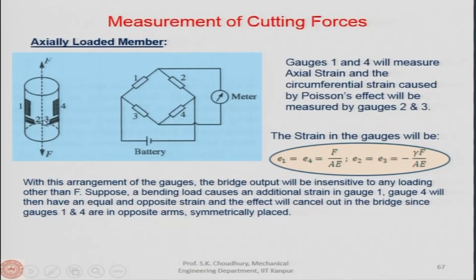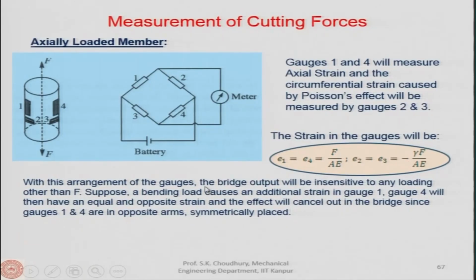It will be only the circumferential strain caused by the Poisson's ratio that will be measured by strain gauges 2 and 3. So, 2 and 3 will give you this amount multiplied by the Poisson's constant, with a negative sign: epsilon 2, epsilon 3.